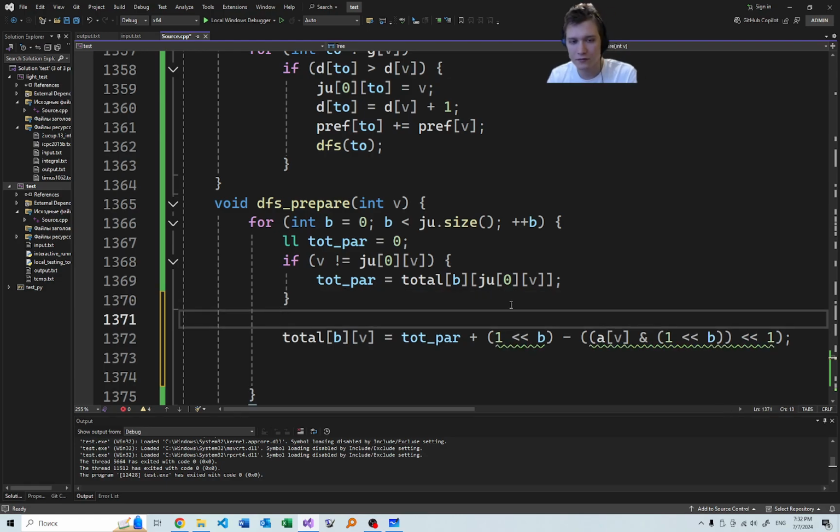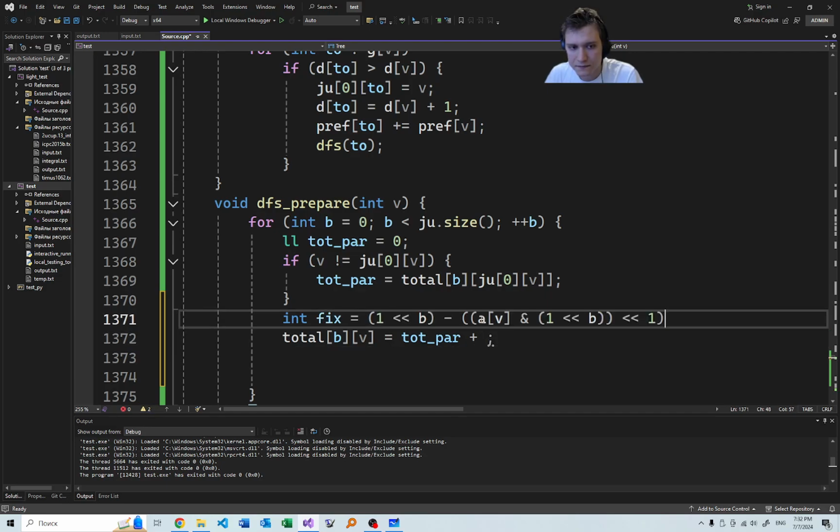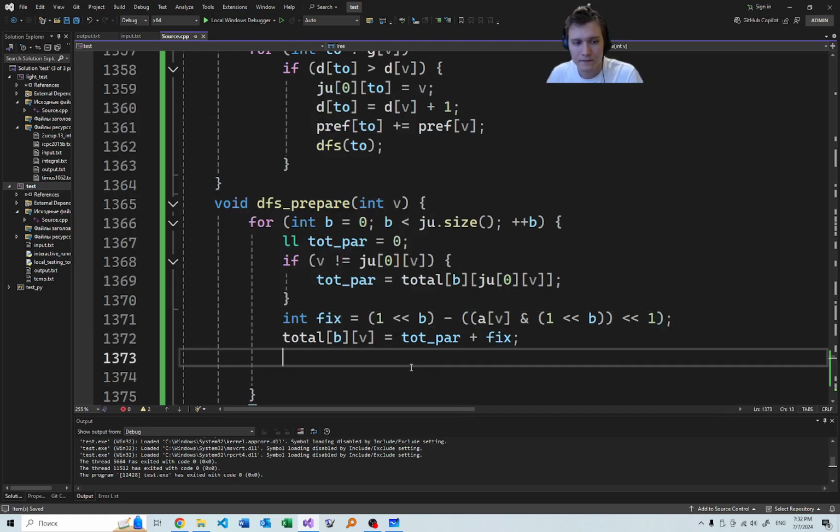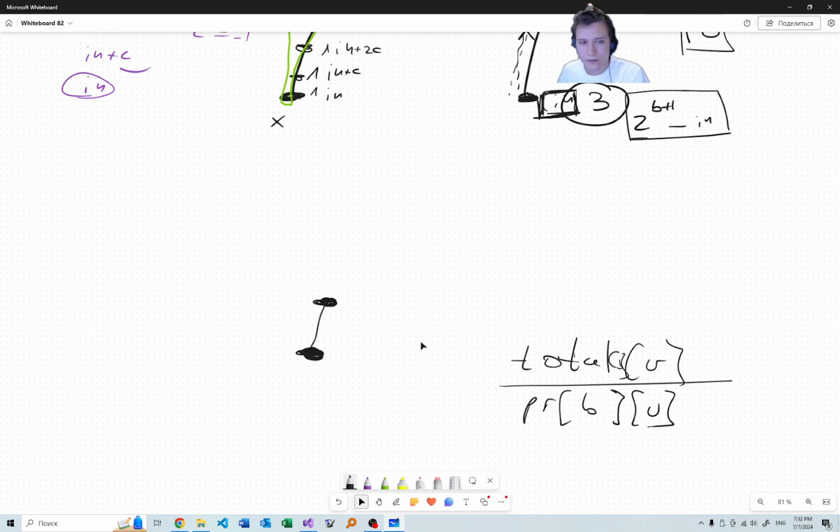Okay, actually I want to calculate this fix here and then maybe use it. Great. Now what?